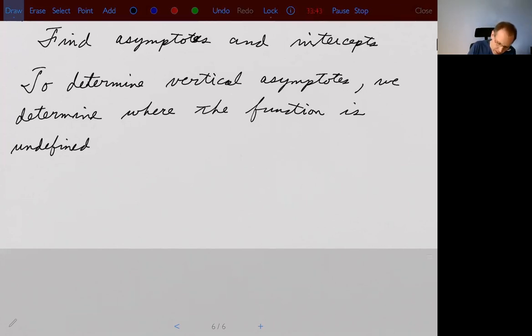So basically, we're determining where the denominator of that rational function is equal to 0.